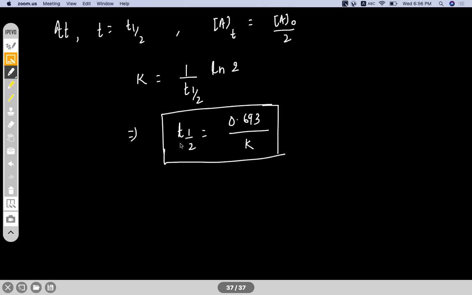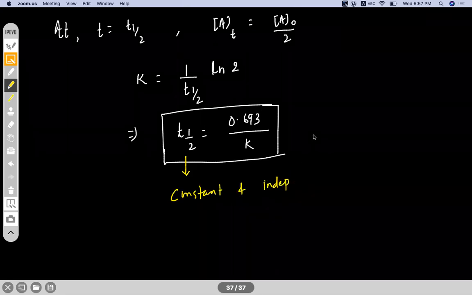So you see T half is constant here. It's constant, right? Because K is a constant. It is independent of time, right? K does not depend upon time. K is independent, so T half is constant for first order, and it is independent of initial concentration also.